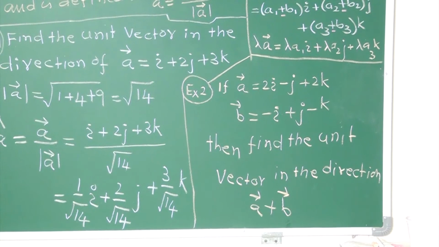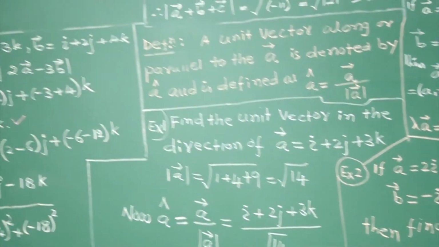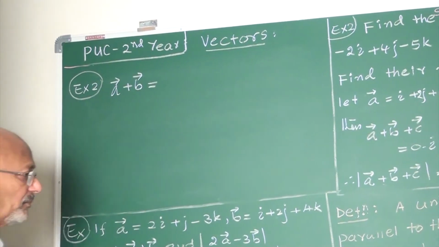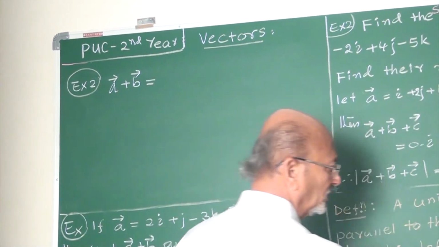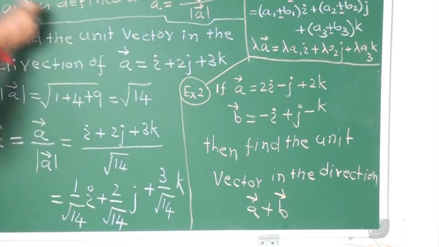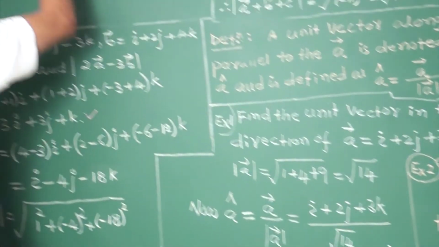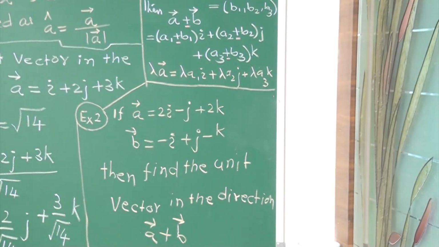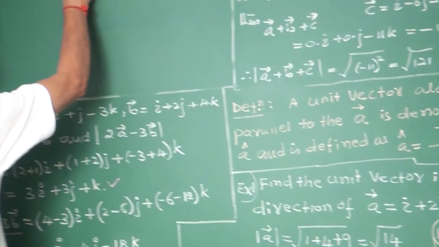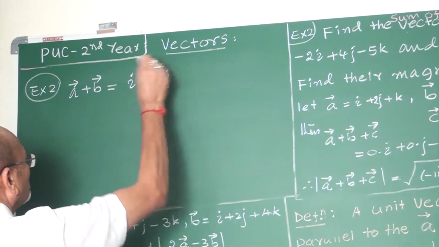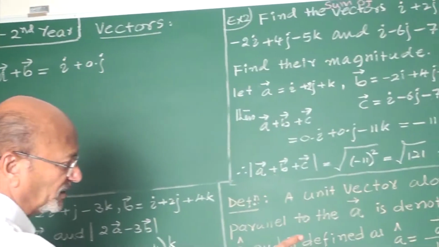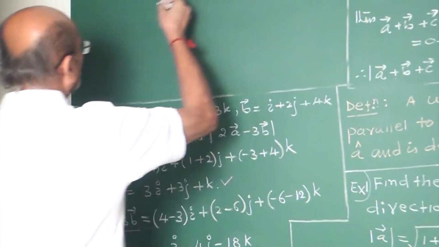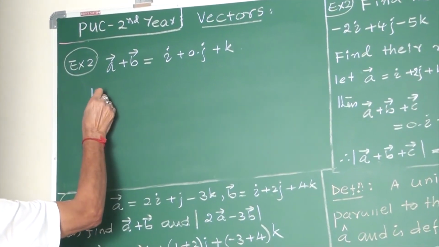Vector A plus B equal to, add them, 2i minus i is plus i, minus j plus j is 0j, 2k minus k is plus k. Then you wanted its magnitude.